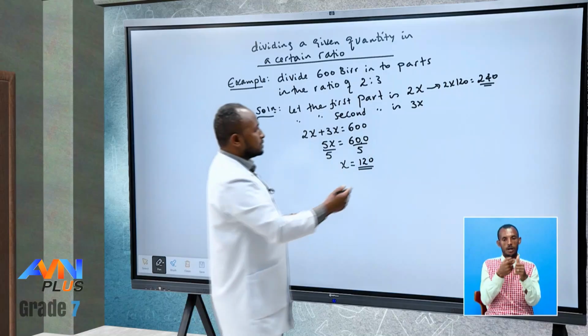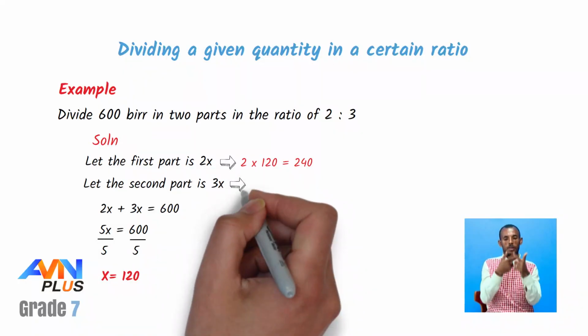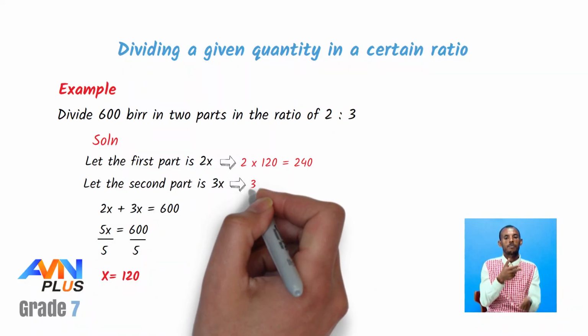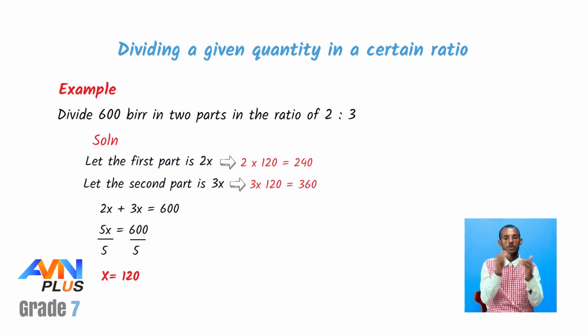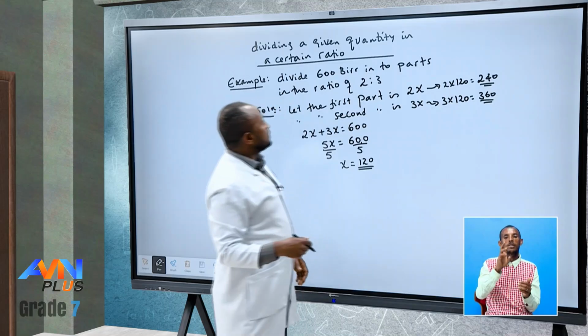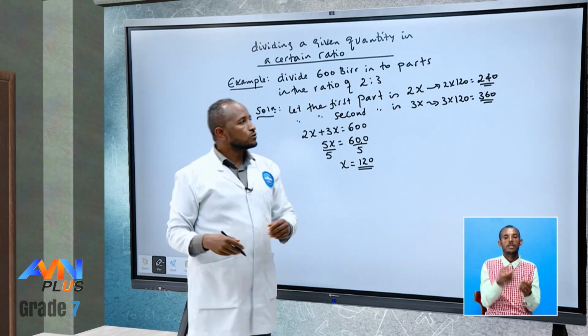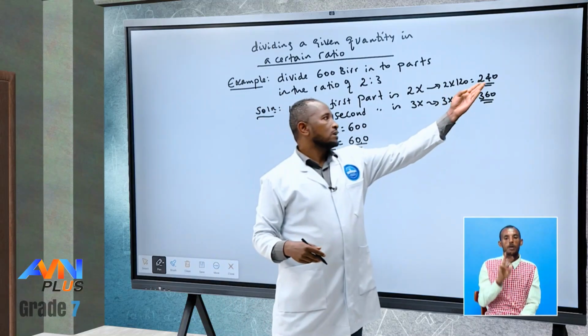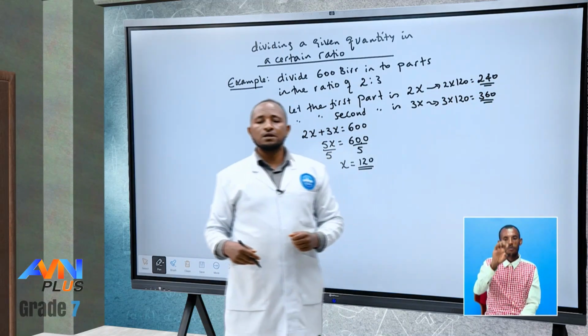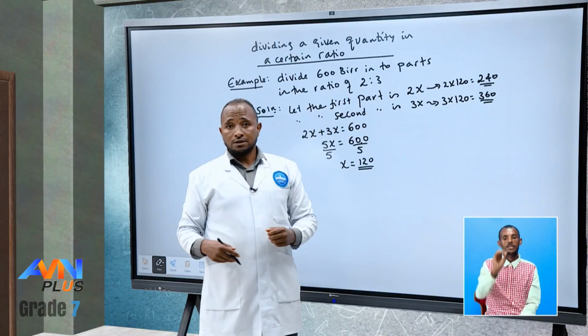The other part is multiplied by 3. 3 times 120 gives you 360. Therefore, we have divided this 600 birr into 2 parts in the ratio of 2:3, and we got 240 and 360. So that's the answer.